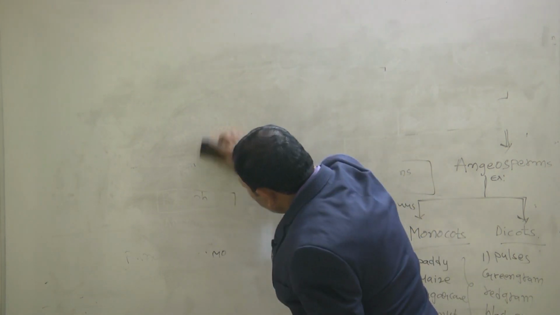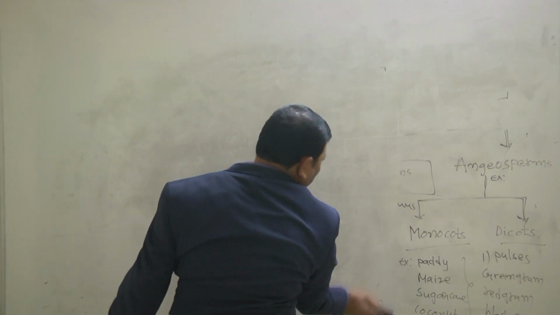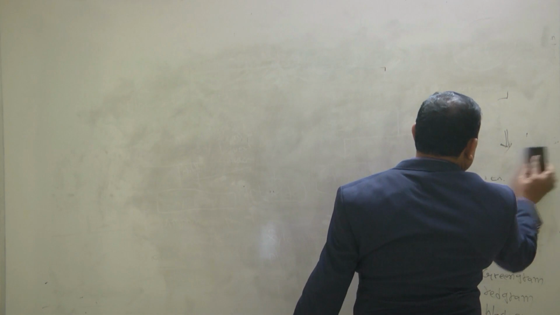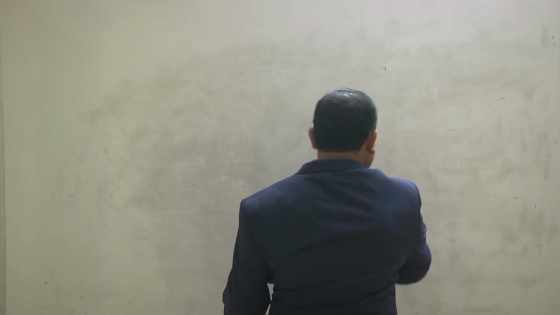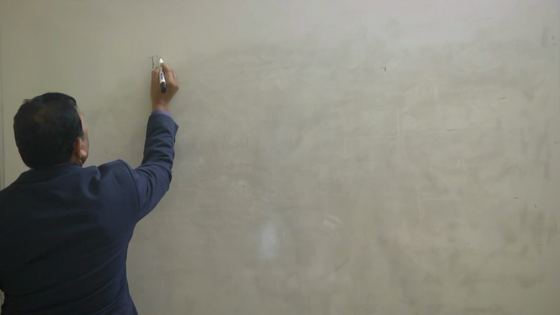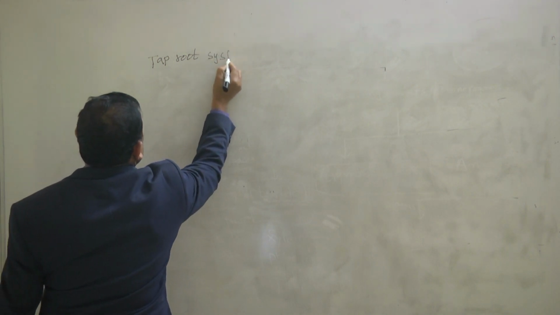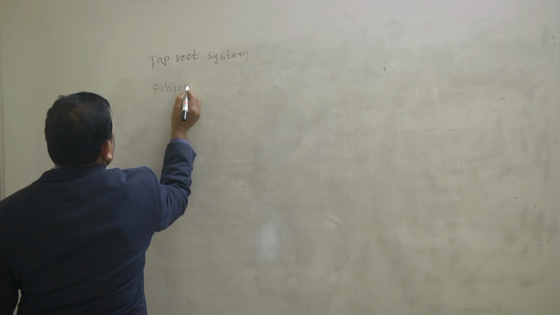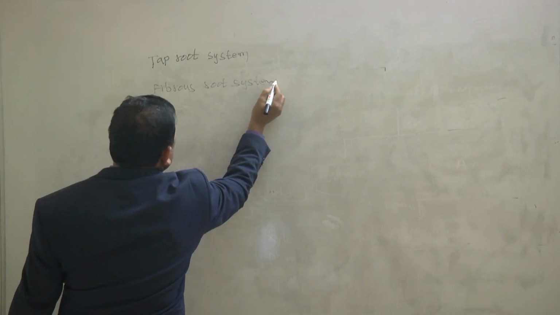Actually, in plants, two types of root systems are present: the taproot system and the fibrous root system.